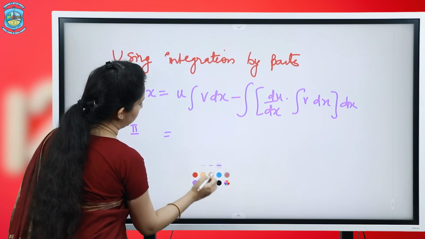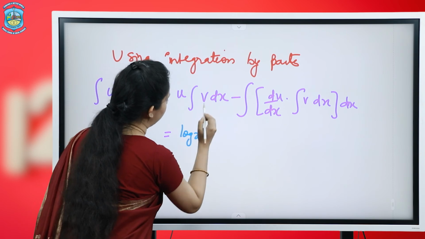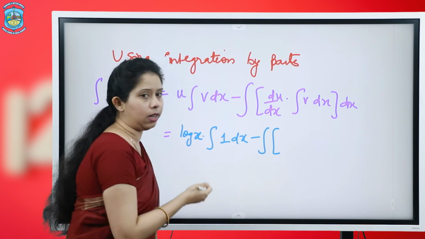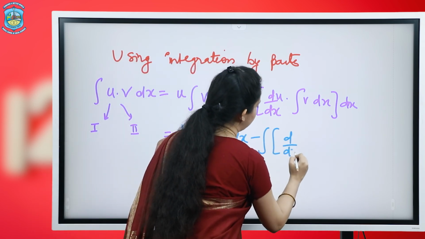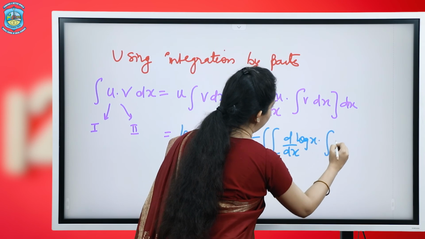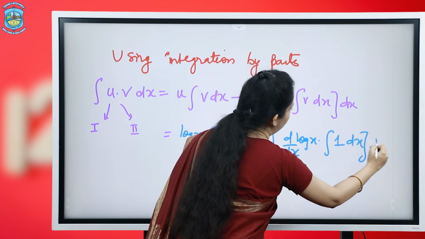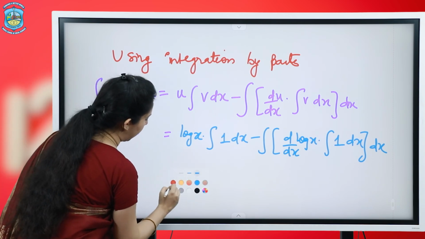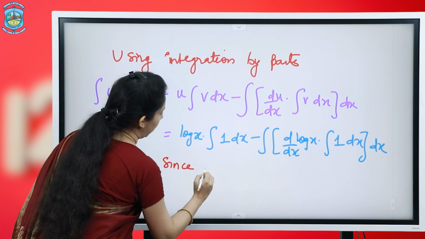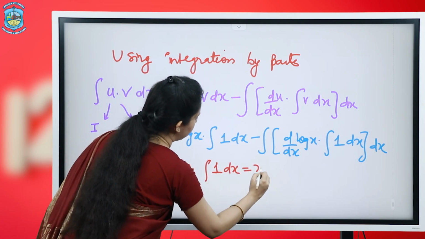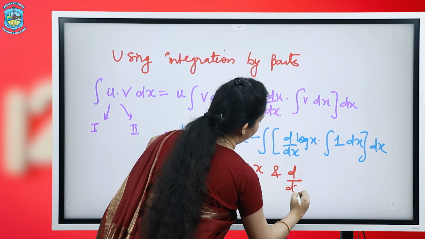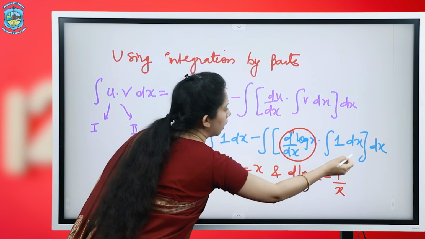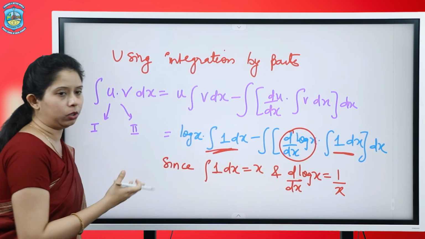So the first function is log x and integration of 1 dx, minus whole integration, differentiation of first, so log x, multiplied by integration of second. We already know that integration of 1 dx is x and differentiation of log x is 1 by x, so we will substitute the values over here.